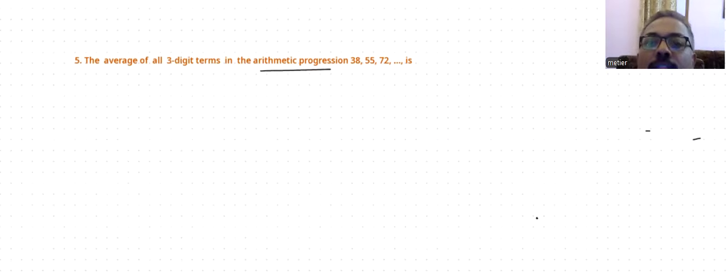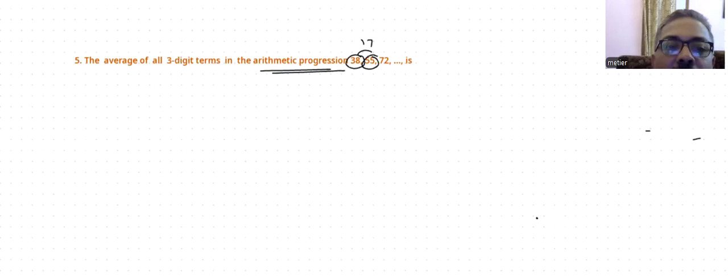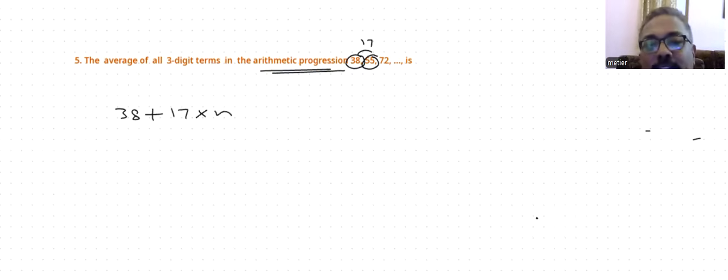So the first term is 38, the second term 55, means the common difference is 17. So you have to first find out the first 3-digit term. It will be 38 plus 17 into n, where n is a natural number.